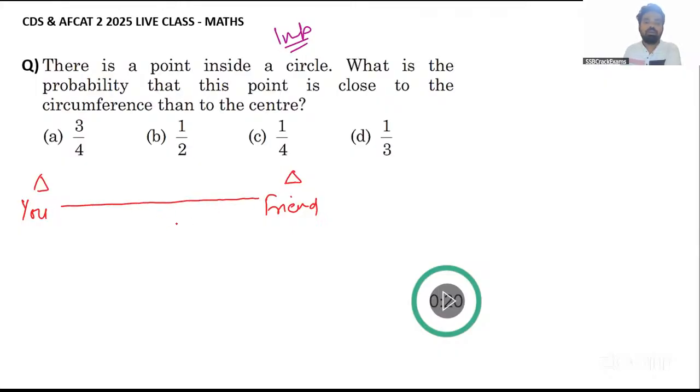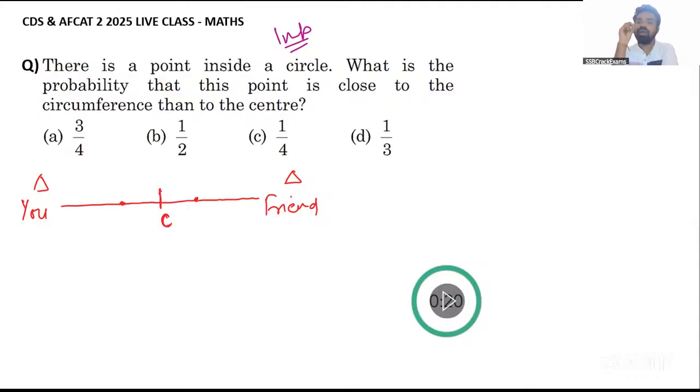There is a person, suppose your common friend, say C, who wants to visit both of your houses, and he is standing at a point. We do not know at what point he is, but you know that he is between your house and your friend's house.